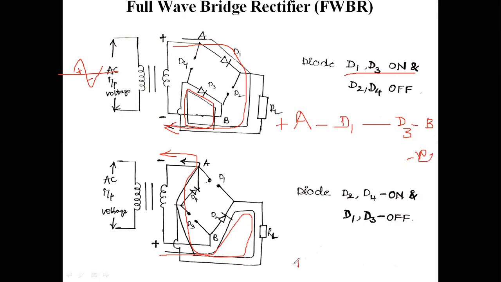Similarly here, from positive to terminal B, then through diode D2, and again it is transmitted across diode D4 to point A, and finally towards the negative terminal.